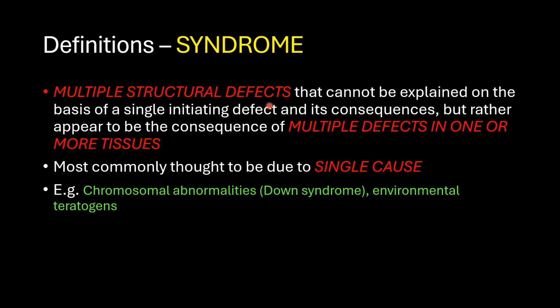But can all those be explained by a single initiating morphological defect? Can a single morphological initiating defect explain the formation of congenital heart defect and congenital hypothyroidism also? No. So the multiple structural defects present here cannot be explained by a single initiating defect and its consequences. That's why it is called a syndrome.